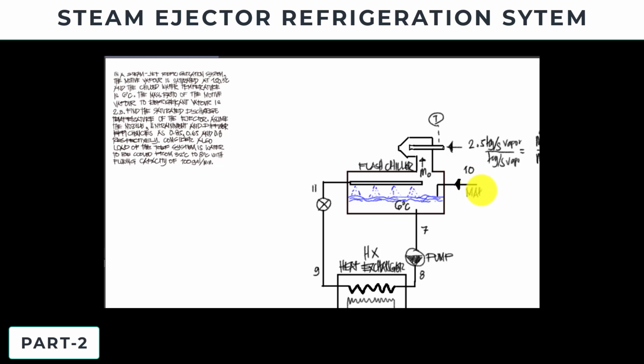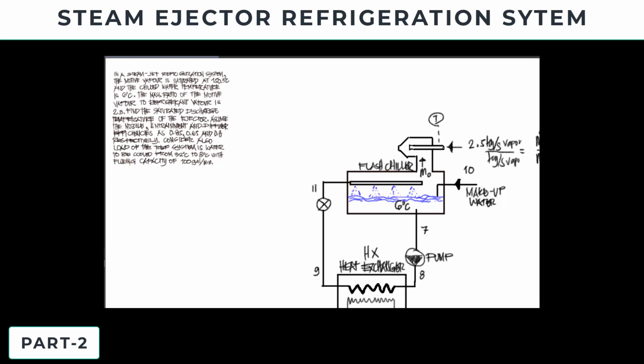I'm going to write this as my makeup water, which enters every time the water vapor evaporates from the flash chiller due to the injector's low pressure. Automatically, the mass flow rate m10 from the makeup water will replace the leaving vapor. Then we have the cycle 7, 8, 9, and 11 that will inject it back to the flash chiller with a spray of water.